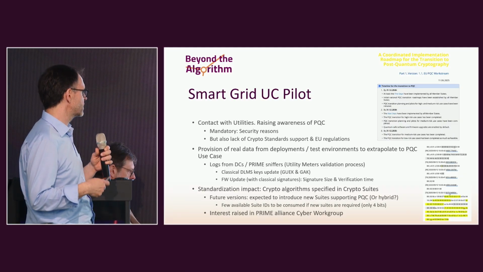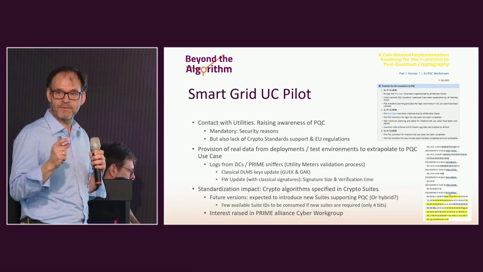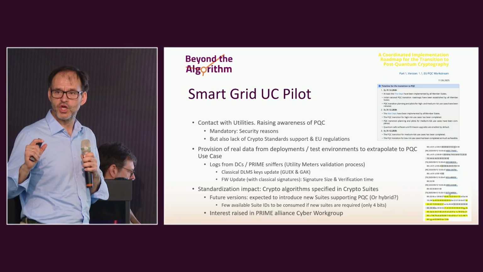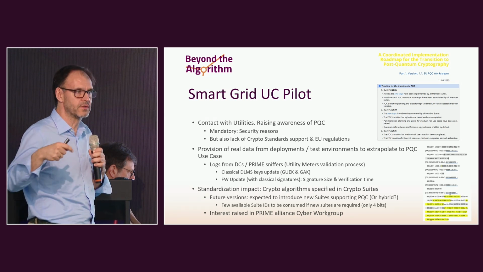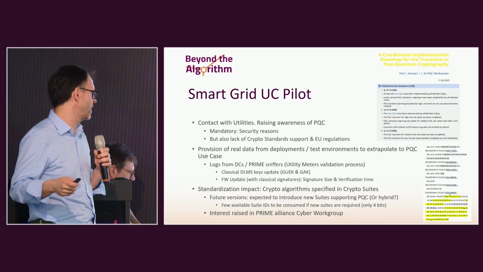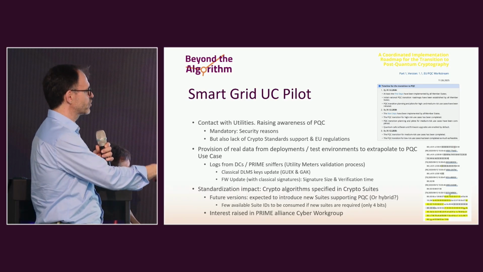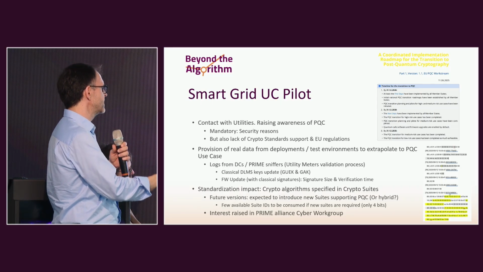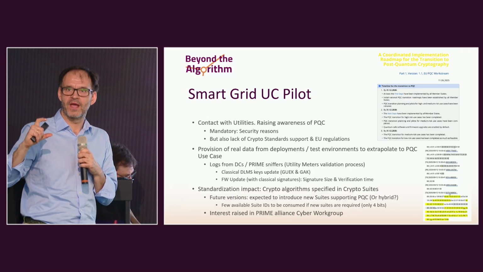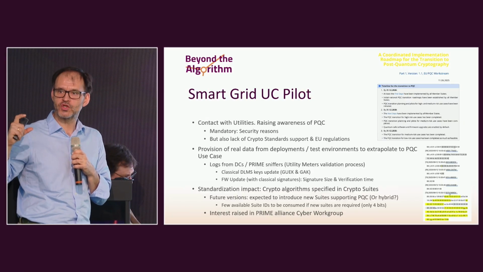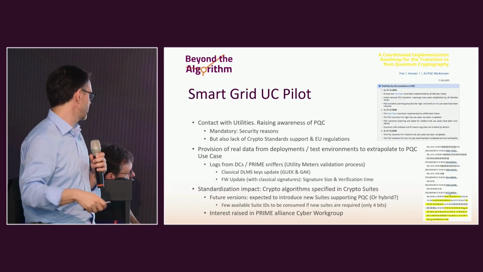We have been working on providing them with some kind of extrapolations so that they can have a first picture of the impact of post-quantum crypto. So we are processing the logs, and after processing them, we have some tools to extrapolate this data so that they can imagine what the impact will be.